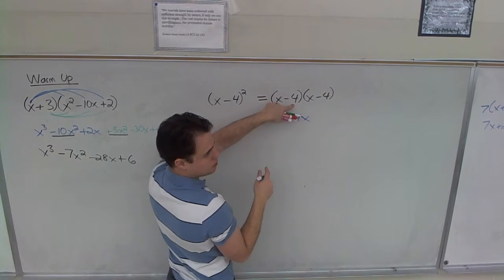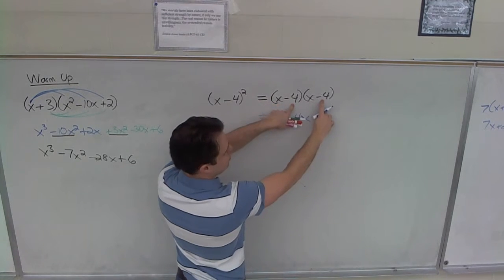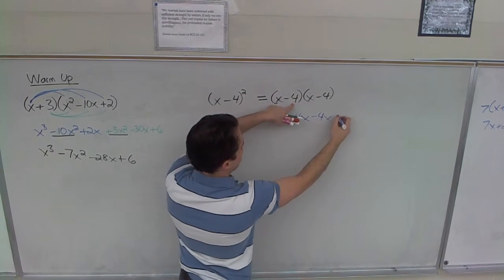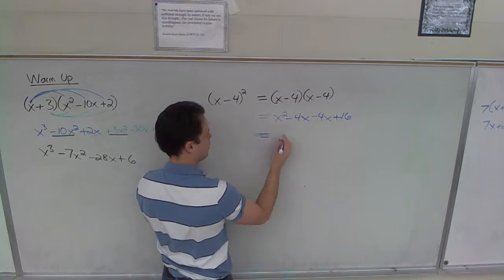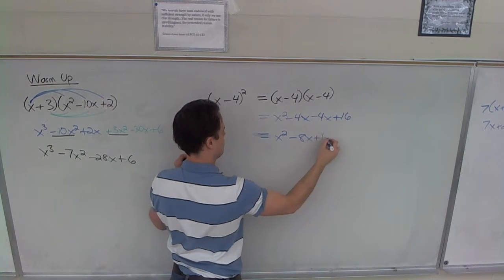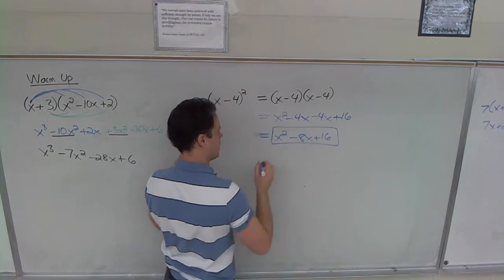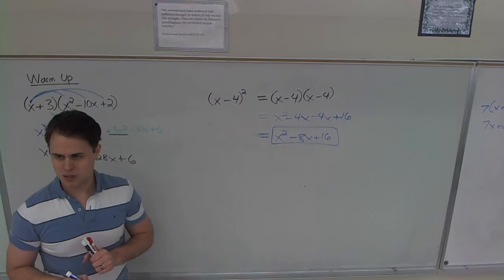Move on to this one. So I'm going to get another negative 4x there. Negative times negative, positive 16. And I can put these together. Find your teeny mistake, Joe, on that one? See it now?